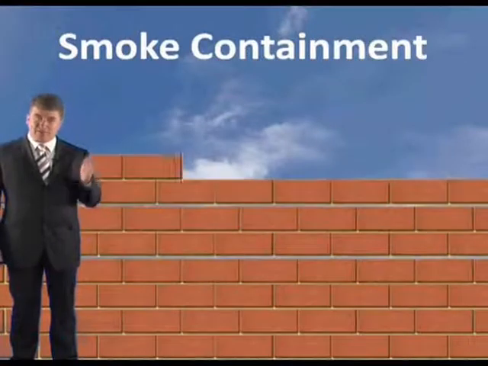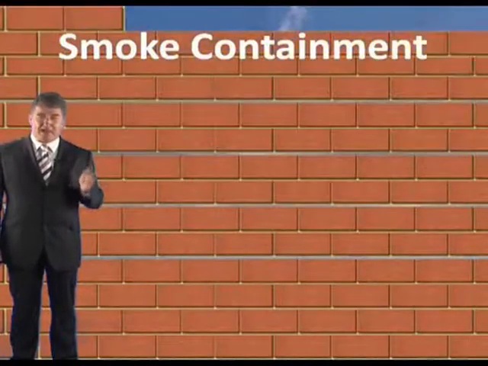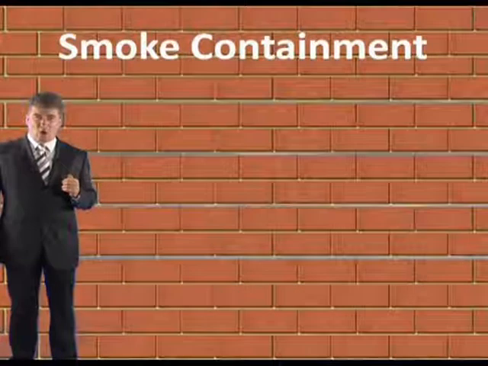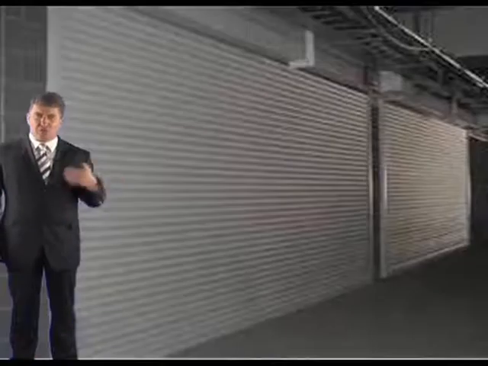Smoke containment involves the use of traditional methods of fire resistance, such as fire-resisting walls, fire doors or shutters, which perform the role of smoke control by simple containment. Smoke containment relies on physical barriers to limit the spread of smoky gases from one space in a building to another.